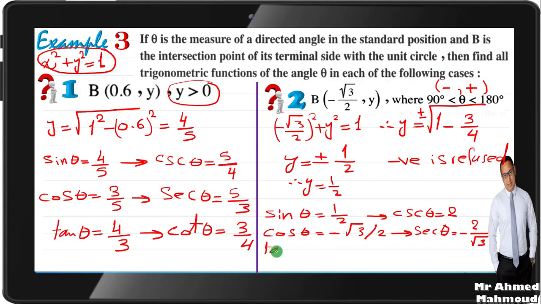Tan theta equals sine over cosine, half divided by negative root 3 over 2, which equals negative 1 over root 3. And cotan theta equals the reciprocal of tan, which is negative root 3 over 1, which is negative root 3.